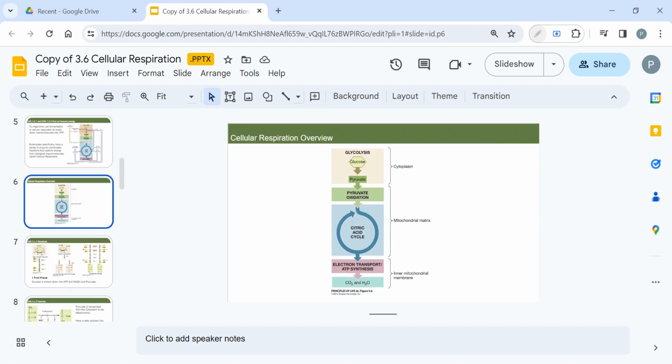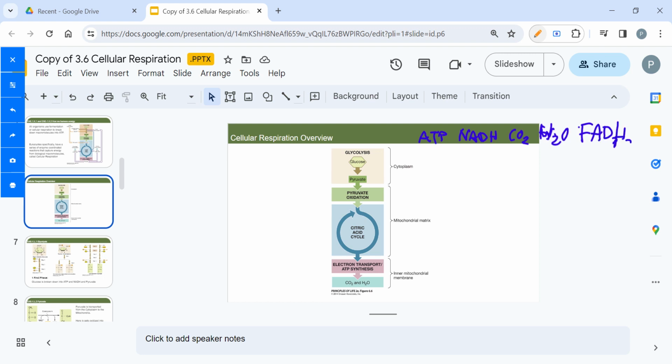So we're here. If I go back to ATP, I go back to NADH, I go back to CO2, to water, just H2O, and also I want to do FADH2 now. Let's keep in mind, I made 2 ATPs and I made 2 NADHs with glycolysis.